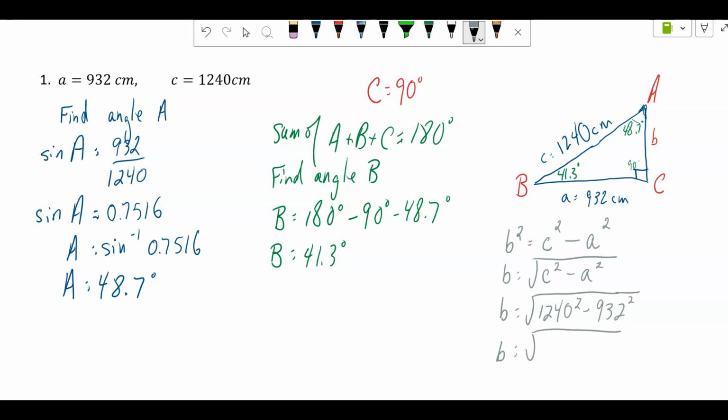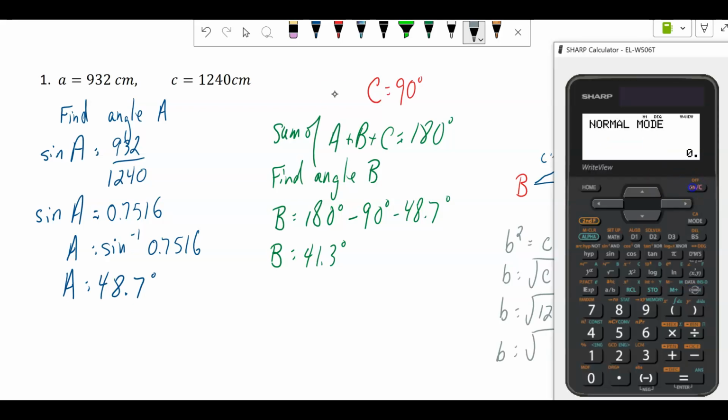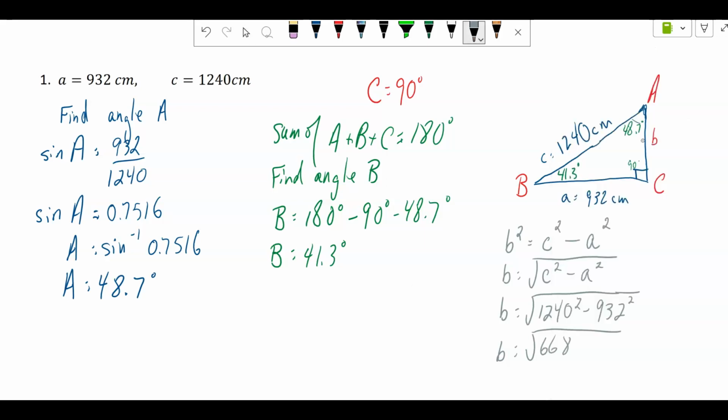Let's get that number under the square root sign first. 1240 squared minus 932 squared is 668,976, and square root that.